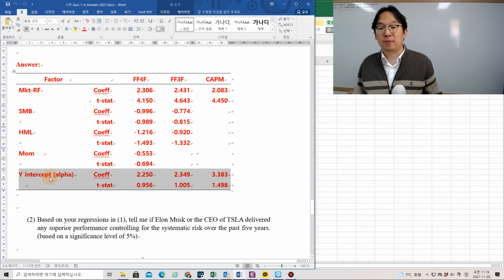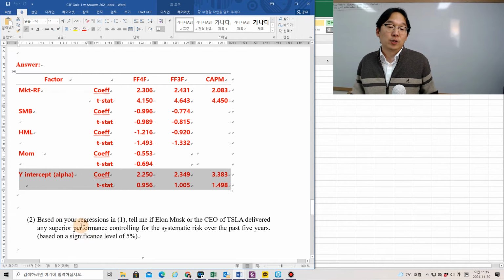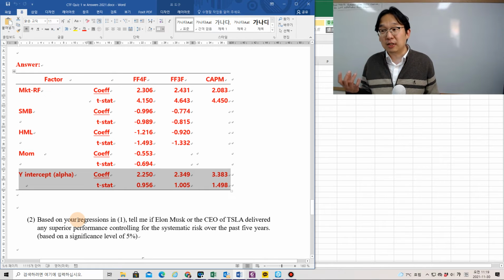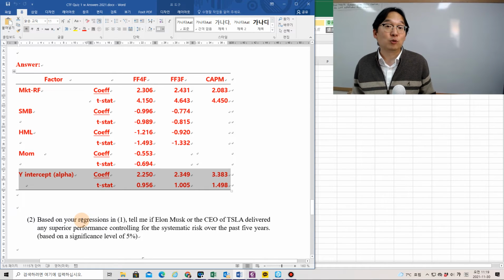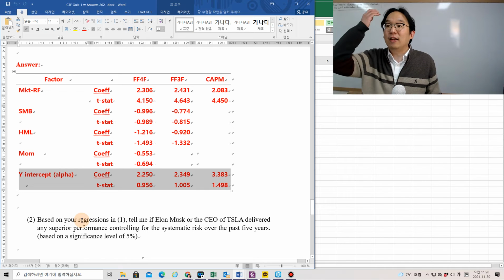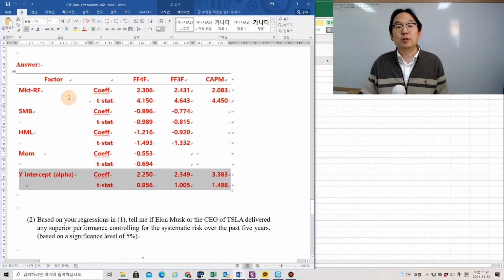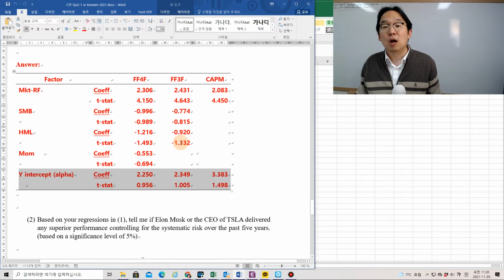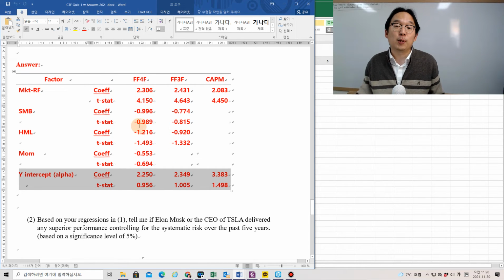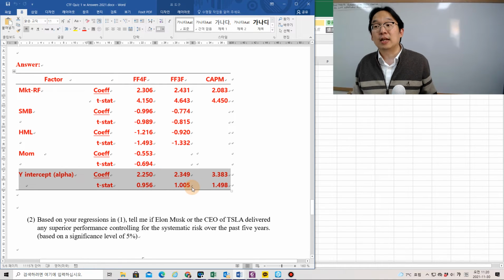Okay. On the other hand, if Elon Musk turns out to be a great CEO, right, up until 2020, then what would we say? The excess return of the Tesla will not be perfectly explained by those risk factors, so that the alpha will be statistically significantly different from 0.